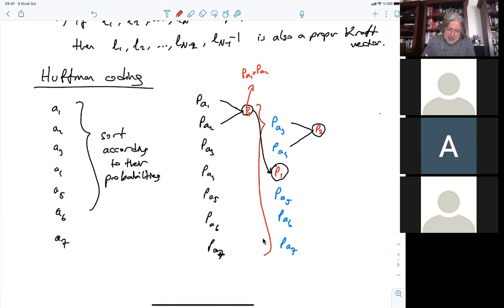Okay, maybe they will interchange their places and the ordering will be, the smallest will again be P1 after reordering. It will be P1 and then P2 and then PA5, PA6 and PA7.